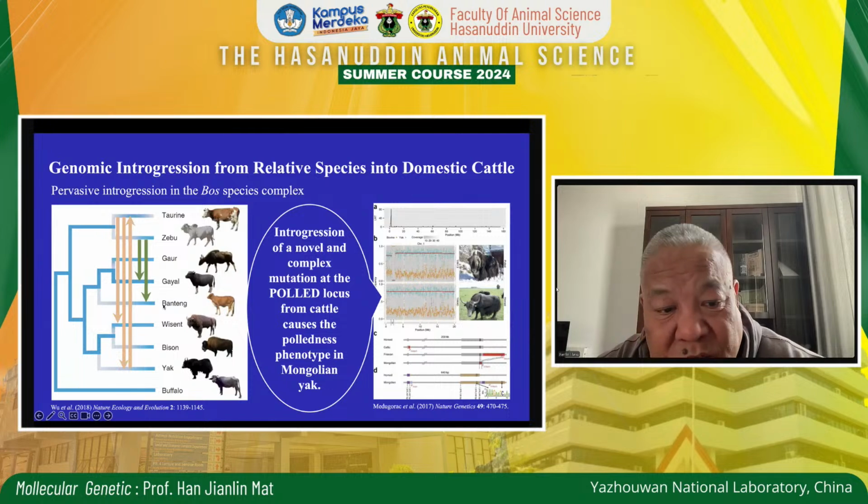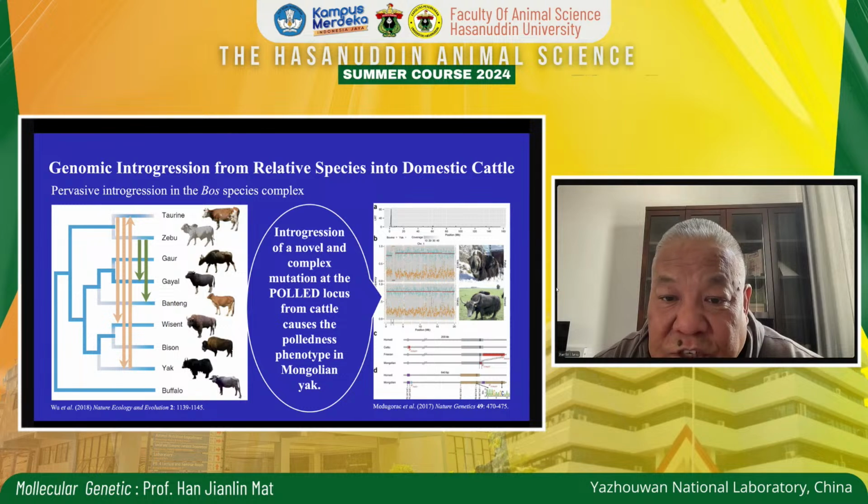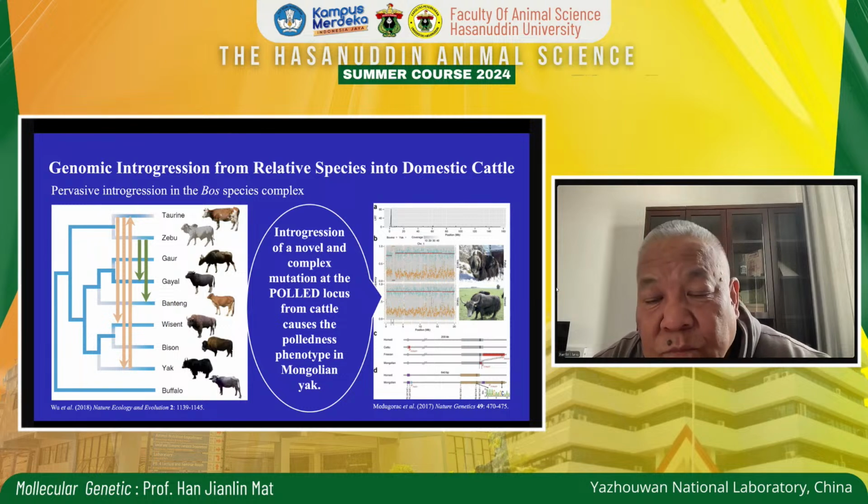On the other hand, we know that we have many bovine species. In Indonesia, we have banteng, we have Bali cattle. It's a derived form after domestication. Then we know that the banteng is continuously used, or somewhere they hybridize with Bali cattle in the rural areas. There is gene flow from the wild population to the domesticated population today.